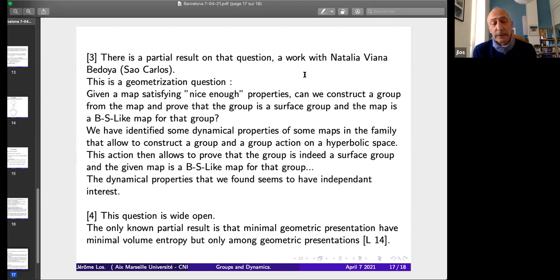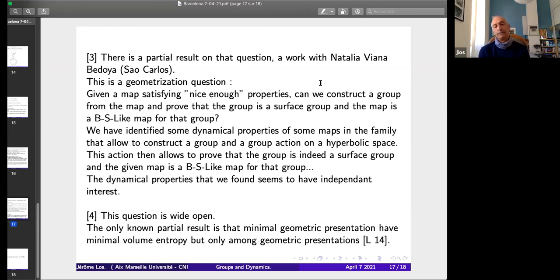Okay, so now I'm almost at the end of this talk, and the last question is about the minimal entropy. And as I said, this is a completely wide open question. The question being, can you find a presentation with the absolute minimum volume entropy among all presentations?